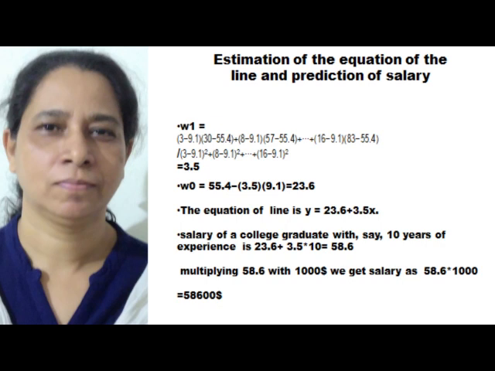That is, in the numerator part we are having 1271.32 divided by 358.9, which is equal to 3.5.